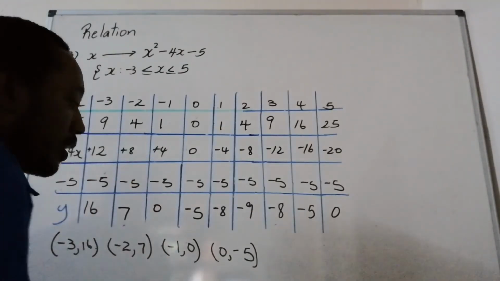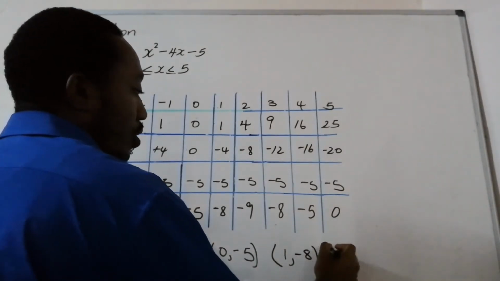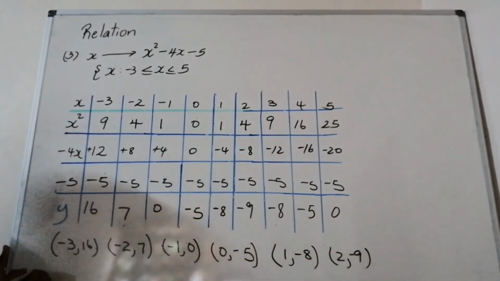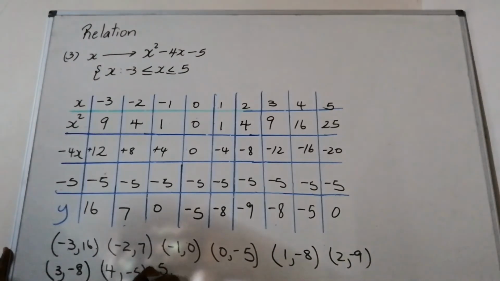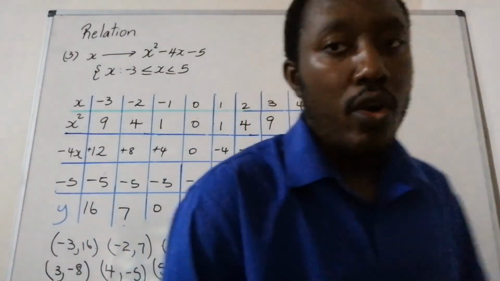Then we have 1 and negative 8, 2 and negative 9. All right, we will have 3 and negative 8, 4, negative 5, 5, and 0. So here we have our ordered pairs.